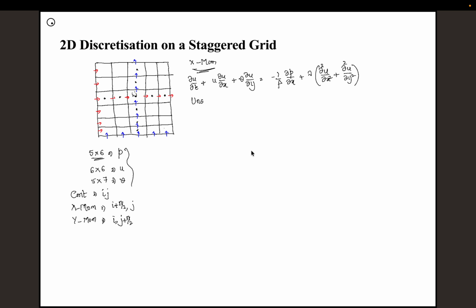So the unsteady term will be basically u at I plus half, whatever we have before, but j coordinate should remain the same, minus u at I plus half comma j, divided by delta t. This will be the unsteady term. Now the advection component, we are discretizing at this point, so we'll use u comma v at that point.